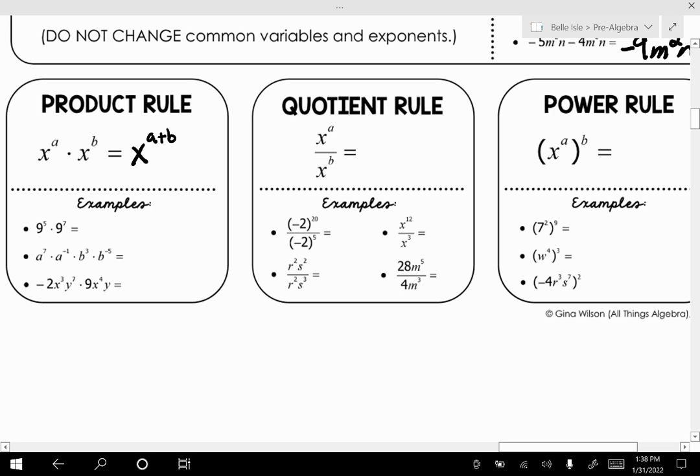And then you just add the exponents. What do you mean?